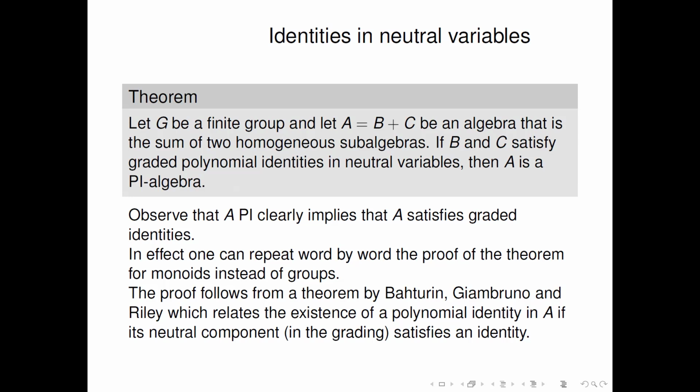This is a direct consequence of a theorem due to Bahturin, Gembrun, and Regev, which relates the existence of a polynomial identity of a graded algebra to whether it satisfies some identity in degree 0, that is, in the neutral component.